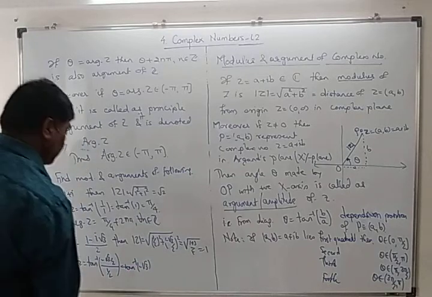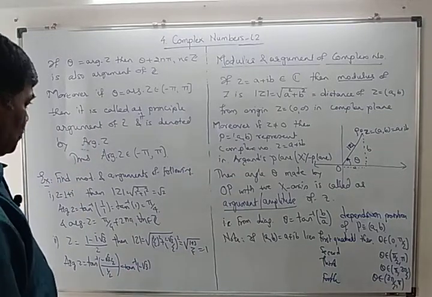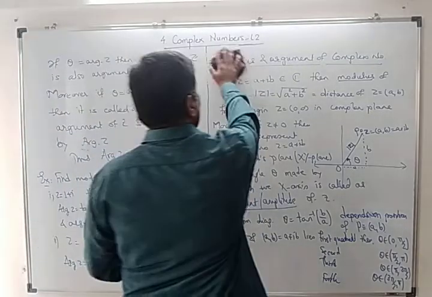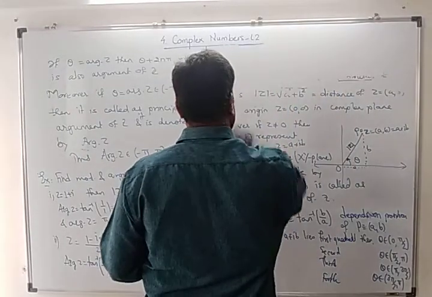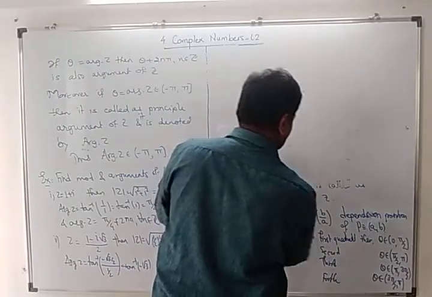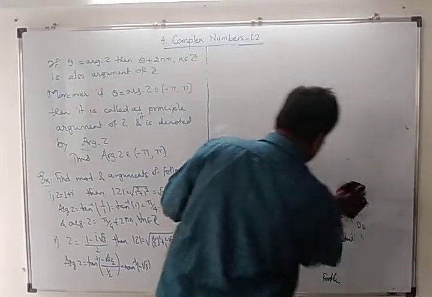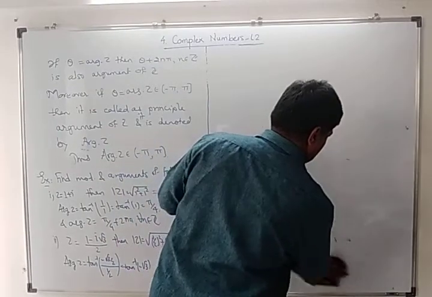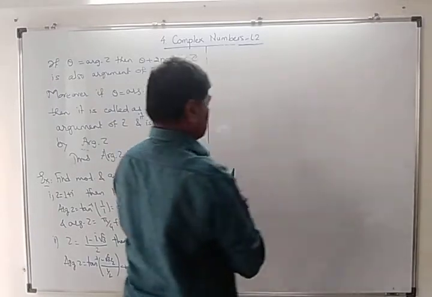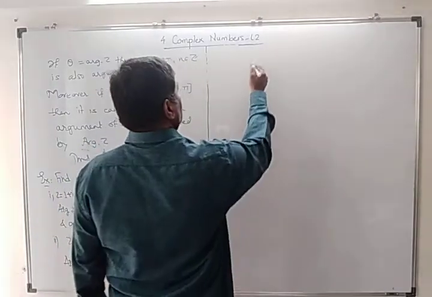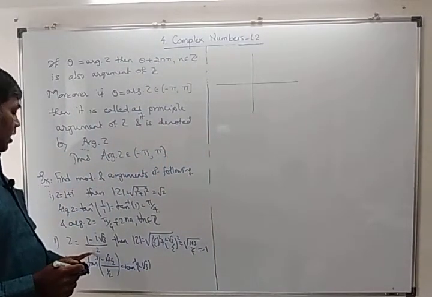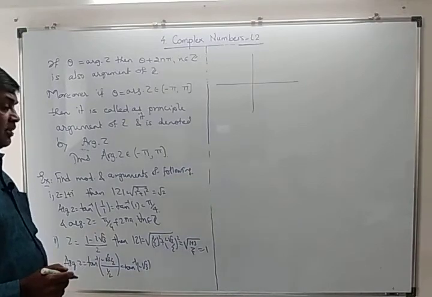Now here you have to observe the position of the complex number, where it lies. Real part is half and imaginary part is negative.